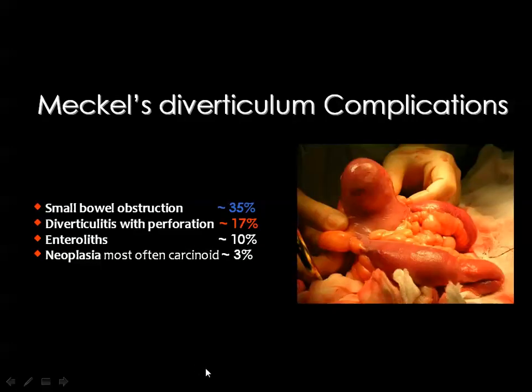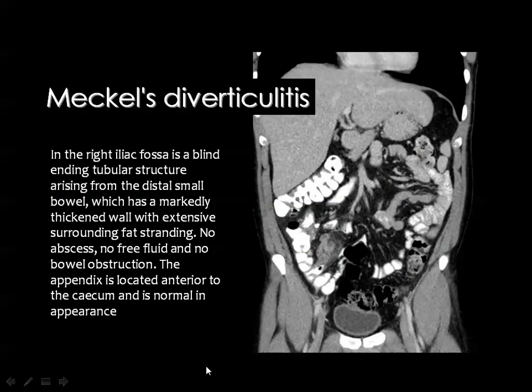These are the complications of Meckel's diverticulum, which include small bowel obstruction secondary to inflammation, diverticulitis and perforation, enterolitis, and the development of neoplasia, especially carcinoid tumor.